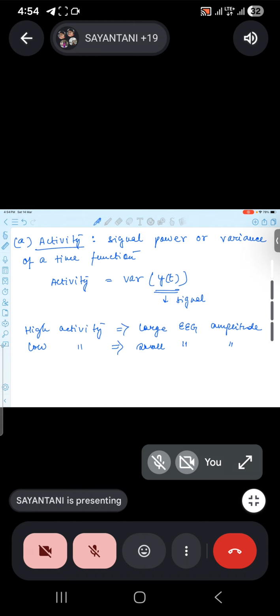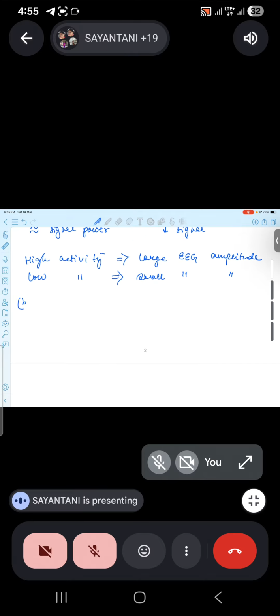Okay, so activity is approximately providing me the signal power, not the exact value, because if I want the exact value, I have to again go for wavelet transform or short time Fourier transform. Okay, all right.